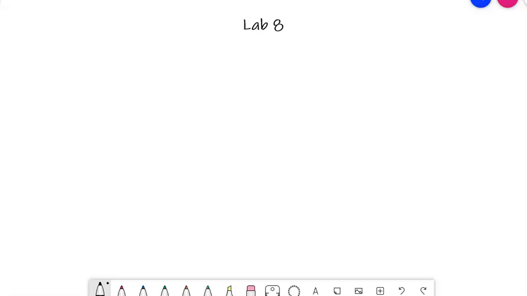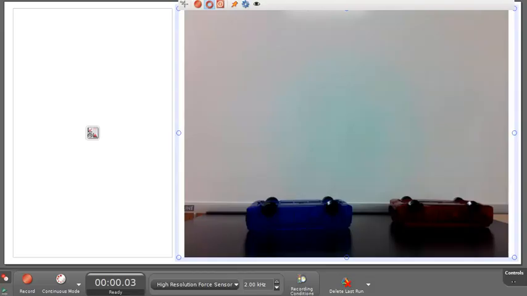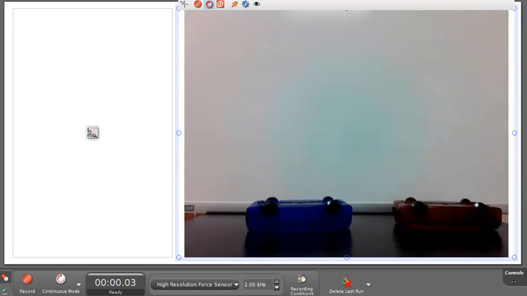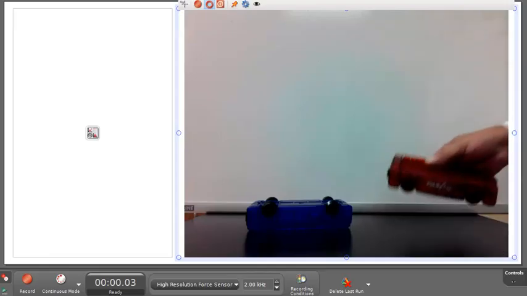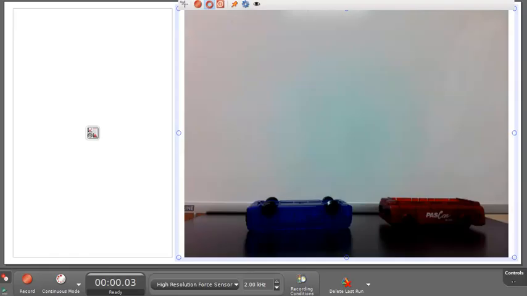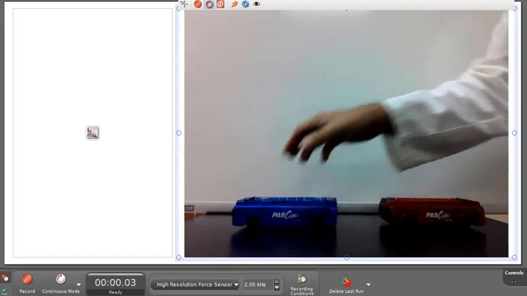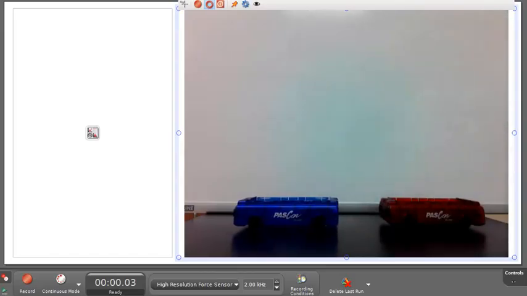Now, to simulate this, I'm going to take 2 carts, and I'm going to change the masses of the carts by adding masses to them. This red cart is 250 grams, and the blue cart is also 250 grams. To make the red cart the equivalent of the 8,000-pound mass and the blue cart the 2,000-pound mass, I'm going to increase the mass of the red cart.